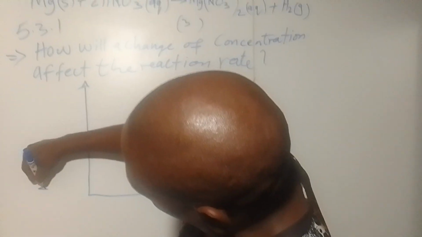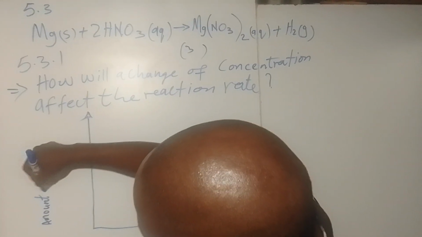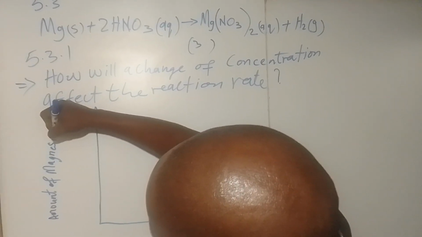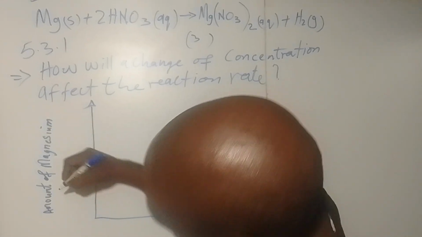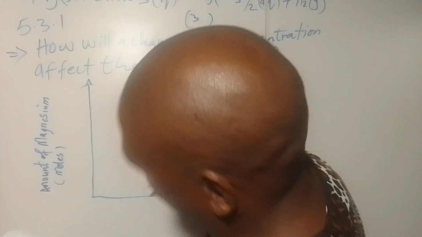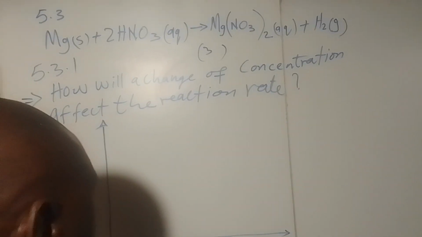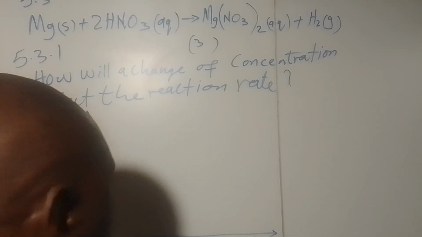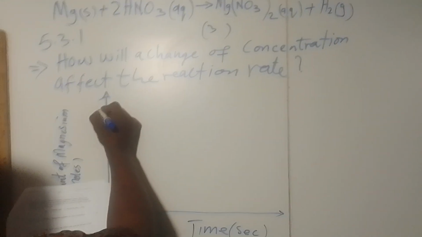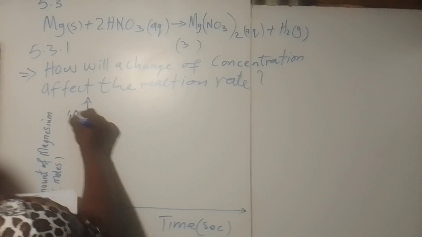This is the amount of magnesium, it is in moles, and then here you have the time in seconds. Now they give you that this reaction is going to start at 1,0 moles.